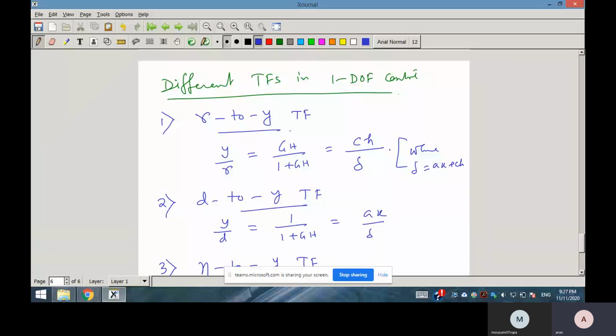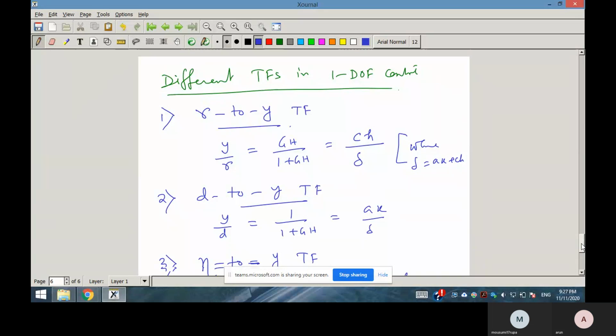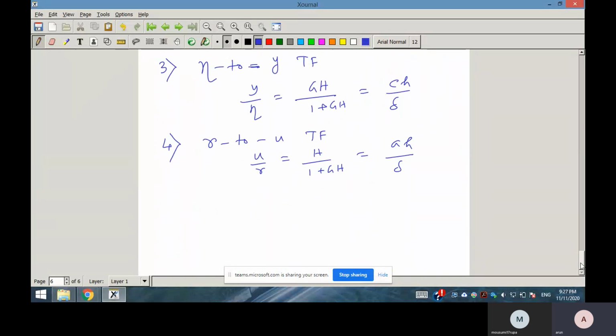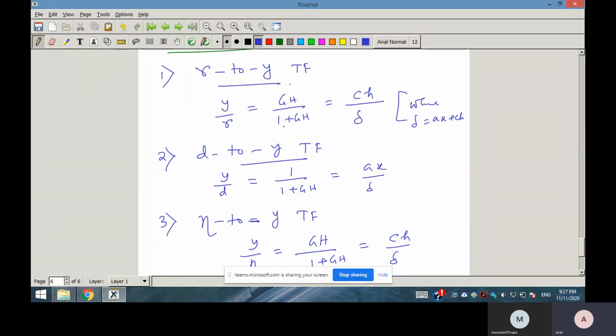If the roots of the HS, that means the controller zero polynomial, are near to the imaginary axis, then you will see a high peak in the output due to the step reference input. So this is the disadvantage of your 1 degree of freedom control.